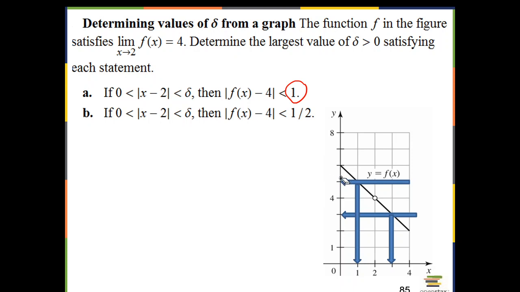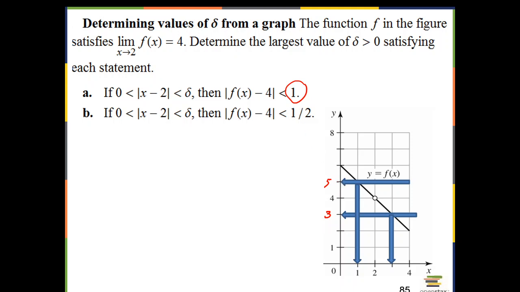Then I go to the graph and I say, okay, here is my L, the limit. So I want to go epsilon above it and epsilon below it. So that would be 5 and 3. Epsilon is 1, right?